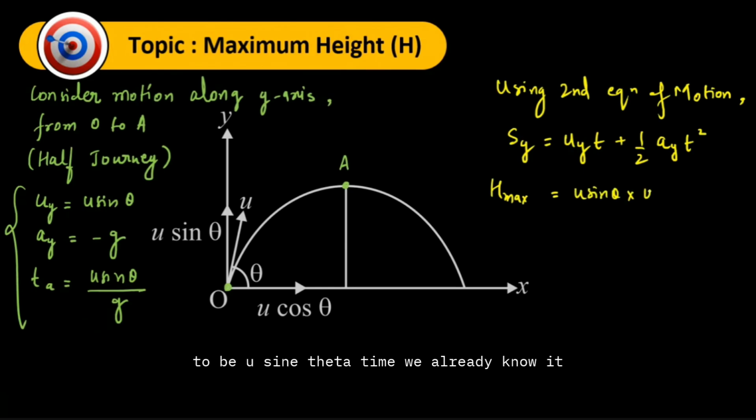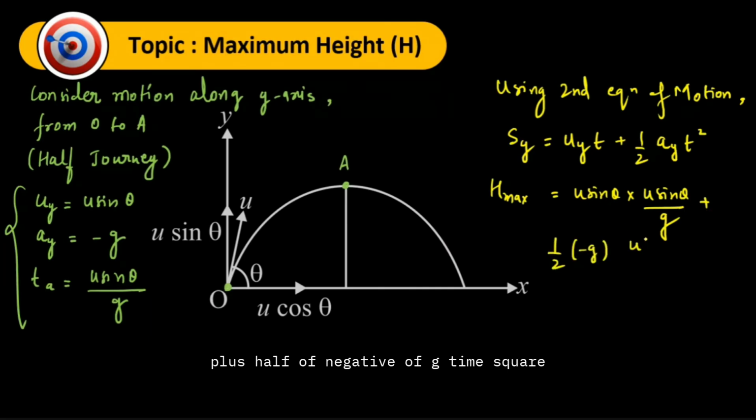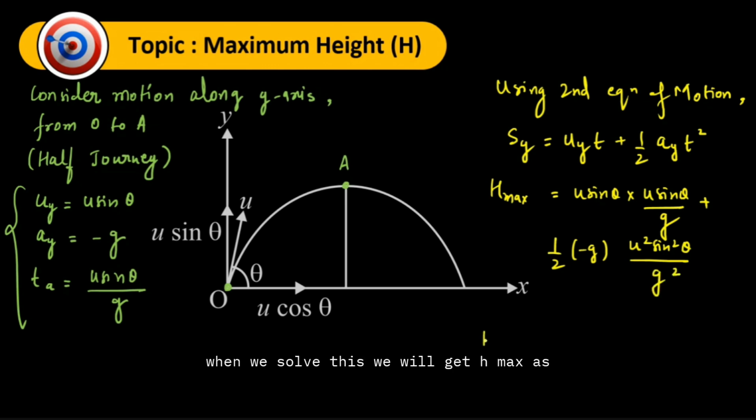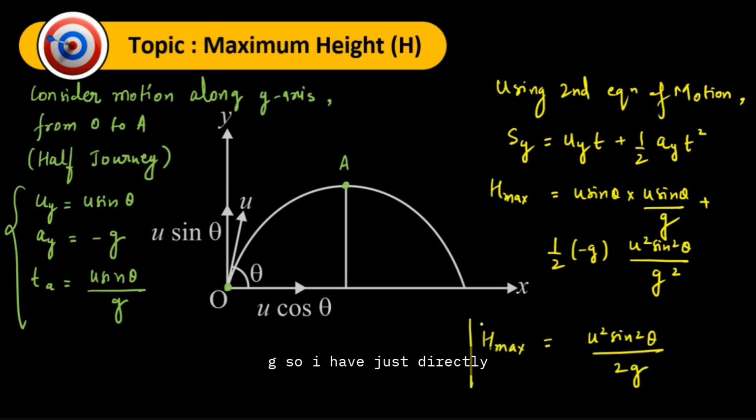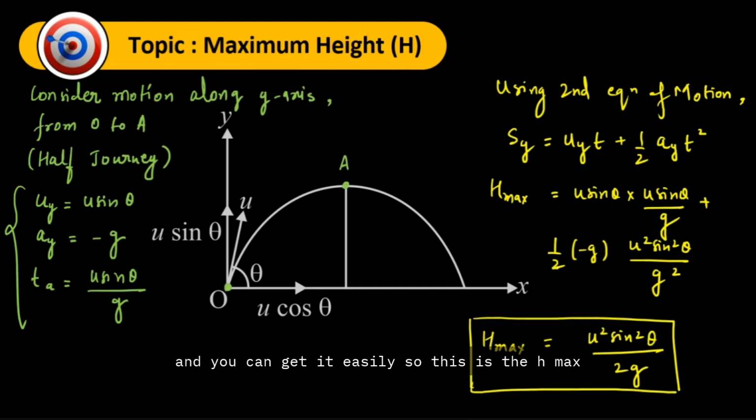Time, we already know, is u sine theta by g, plus half of negative of g times square, that is u square sine square theta by g square. When we solve this, we get h max as u square sine square theta by 2g. I have just directly written the result, although you can solve it and get it easily. So this is the h max, which is given by u square sine square theta by 2g.